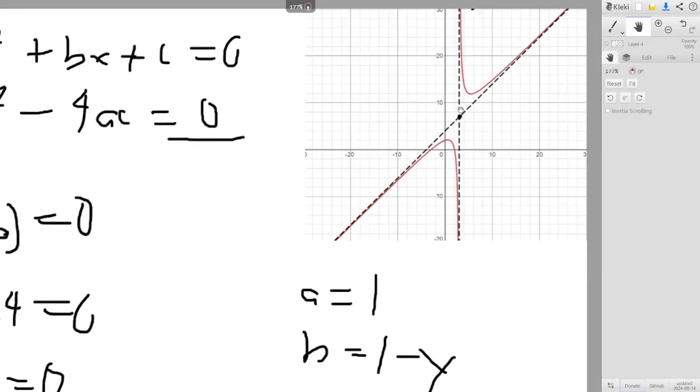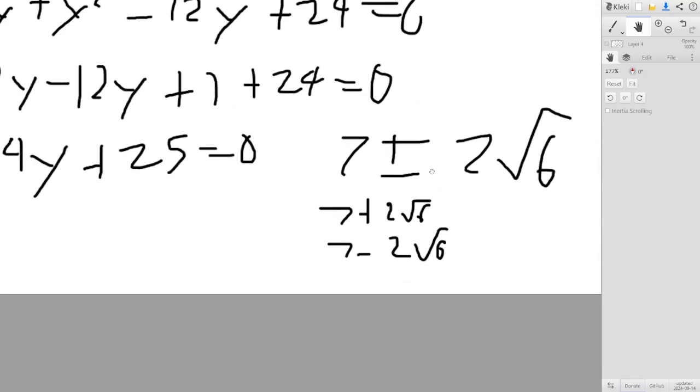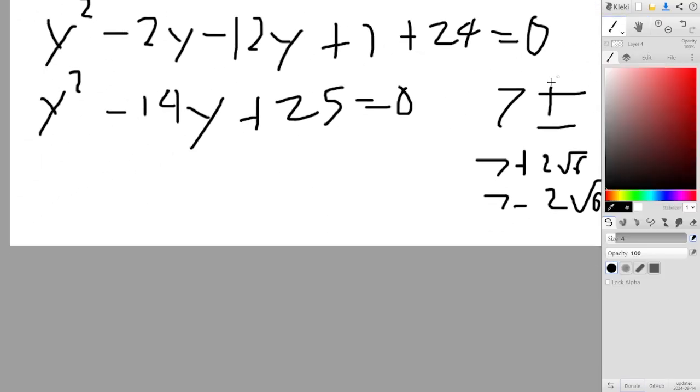Again, notice that this function passes through and extends through negative infinity and positive infinity. So we'll have to note that down.